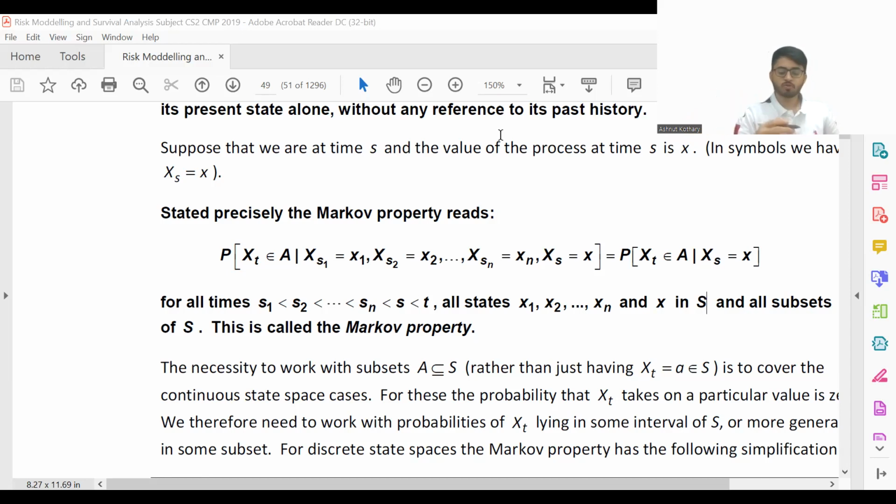Next, just below this, a process which has independent increments possesses the Markov property.